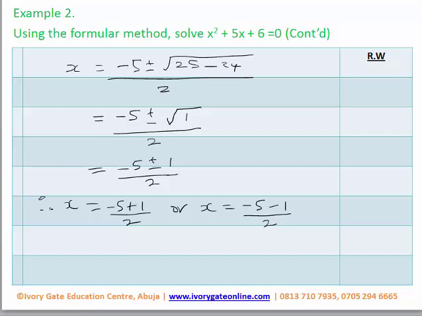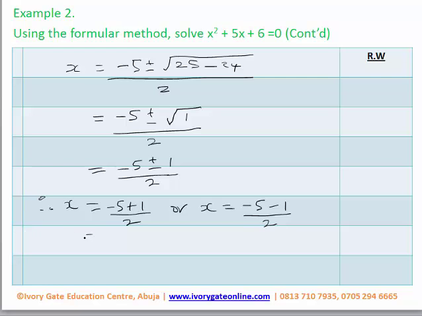Remember, we said that the plus or minus sign is as a result of the square root, and that gives rise to the two values of x that we get depending on the nature of the discriminant. We'll discuss discriminants in a later video. So here, one value of x goes with the plus, and another value of x goes with minus. That's why we have minus 5 plus 1 over 2 and minus 5 minus 1 over 2.